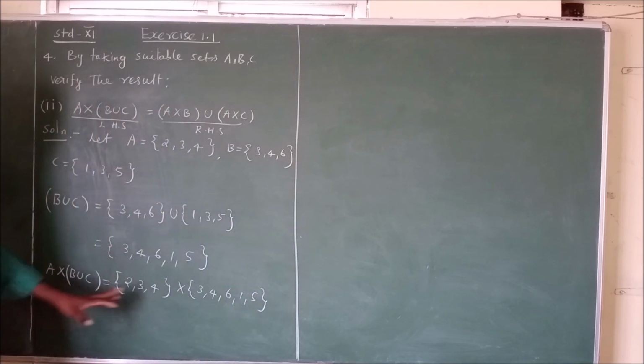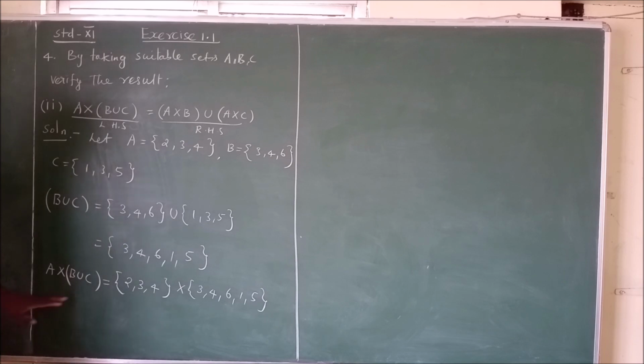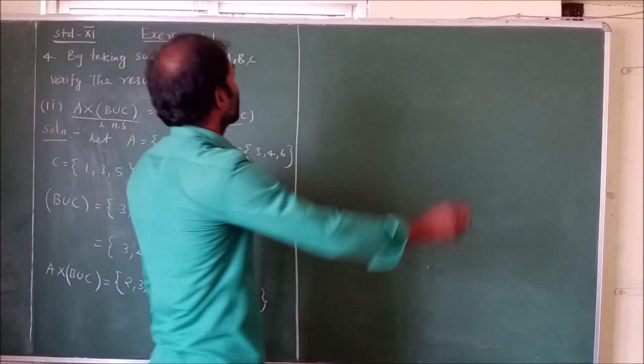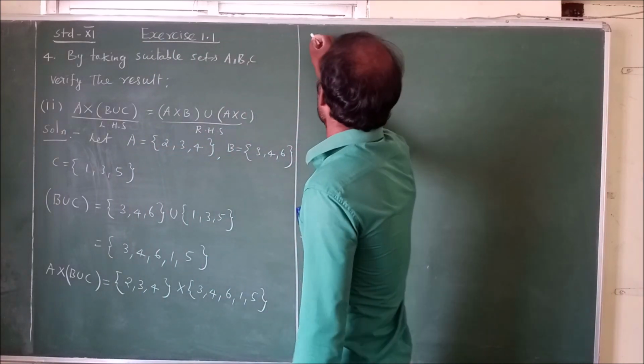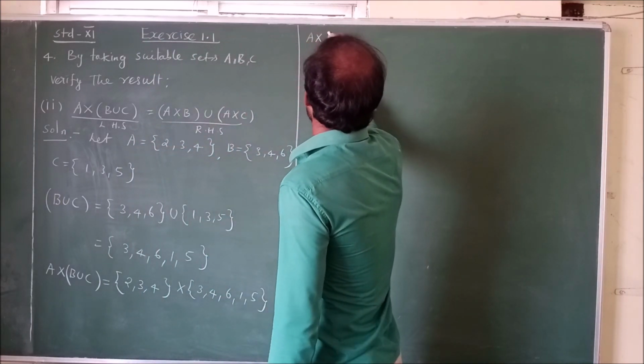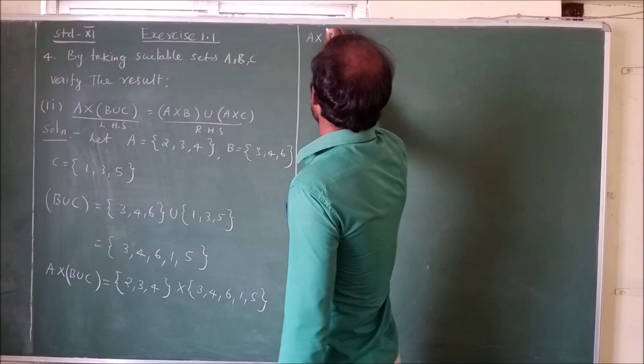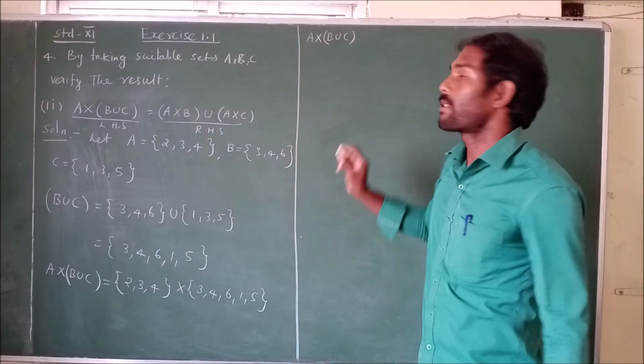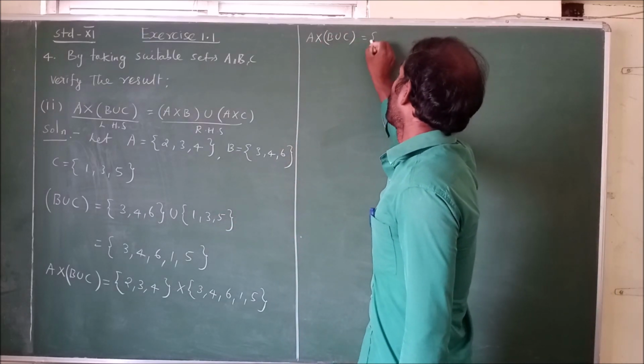A cross (B union C) is nothing but the product of two sets.